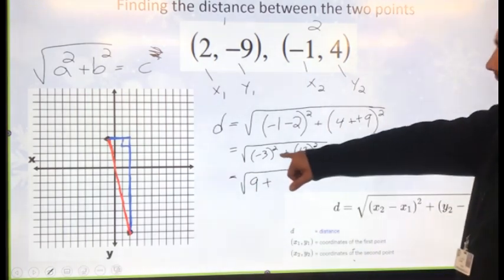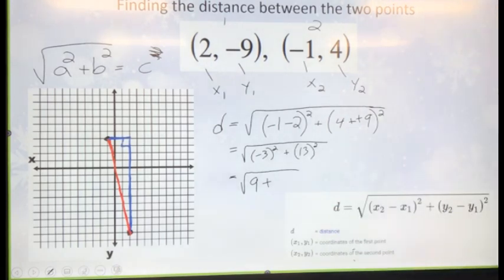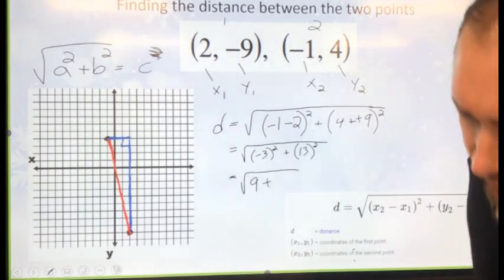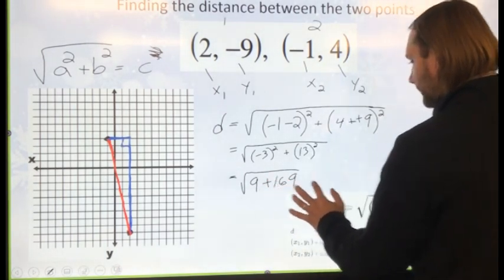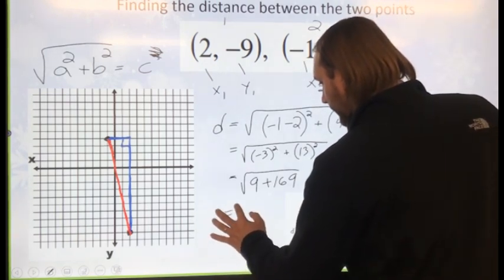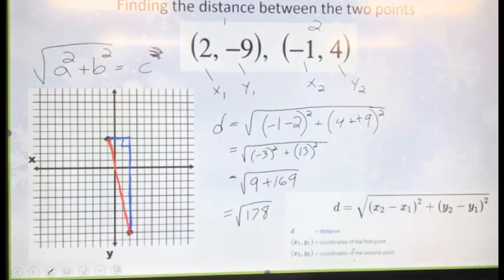Please, if you were to square a negative in a calculator, make sure you put parentheses. Otherwise, it's going to give you the wrong answer. And then 13 squared is 169. So adding that together gives me the square root of 178. Right?